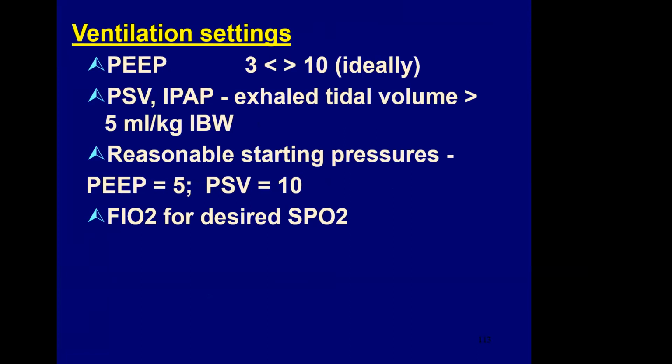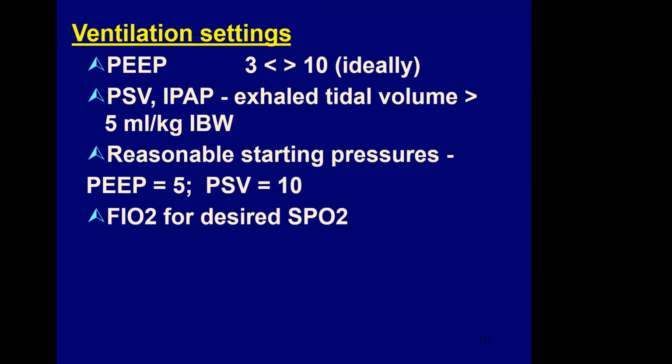It doesn't matter. Okay, settings for ventilation. Settings for the ventilator: PEEP should be between 3 and 10. Pressure support, or pressure support ventilation, IPAP. Exhaled tidal volume should be in the neighborhood of 5 mLs per kg ideal body weight.